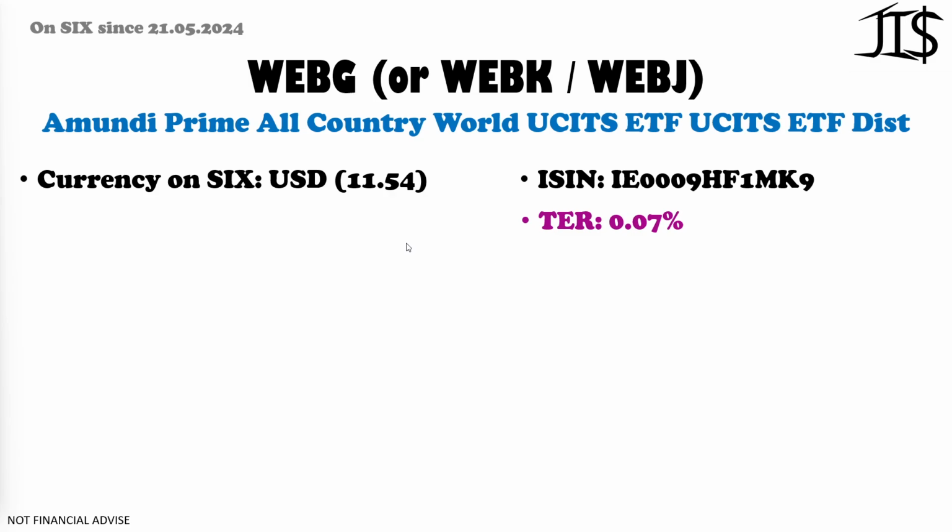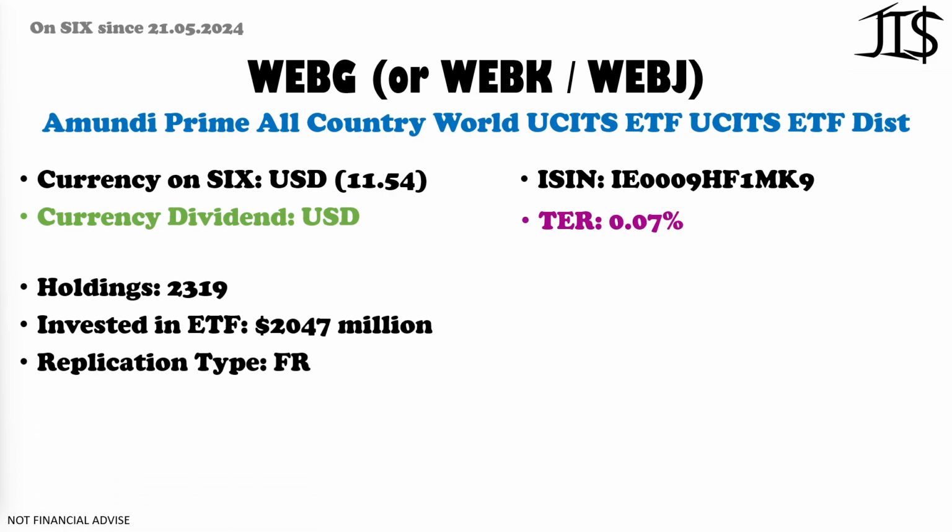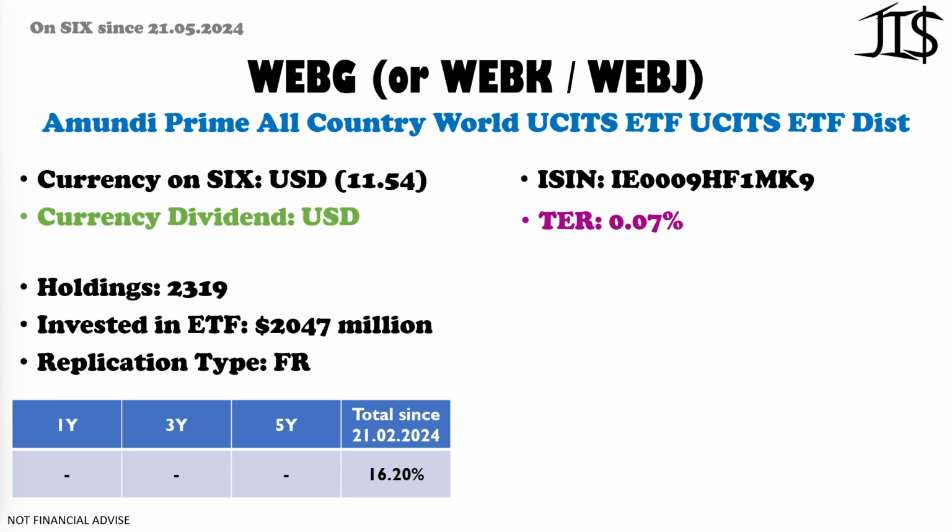And you have one share for 11.54 US dollar. It pays out the dividends in US dollar, and it invests in 2,319 companies. There is 2 billion invested into this ETF already, and it's a fully replicated type.